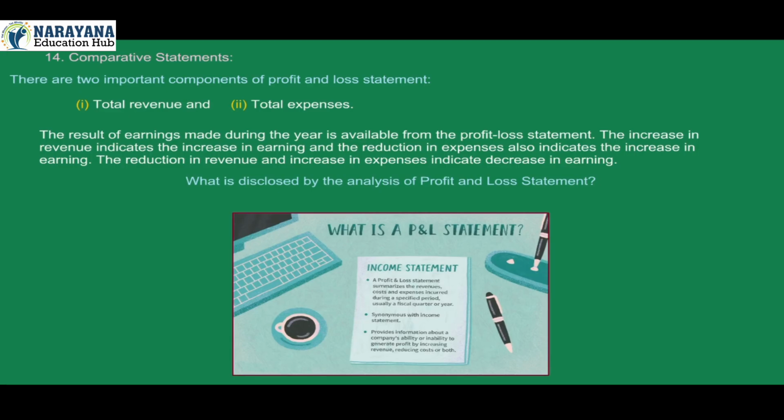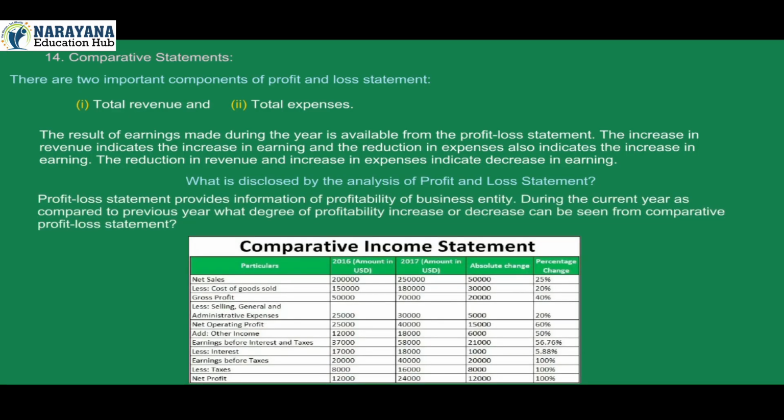What is disclosed by the analysis of the profit and loss statement? The profit and loss statement provides information on the profitability of the business entity. During the current year as compared to the previous year, what degree of profitability increase or decrease can be seen from the comparative profit and loss statement.